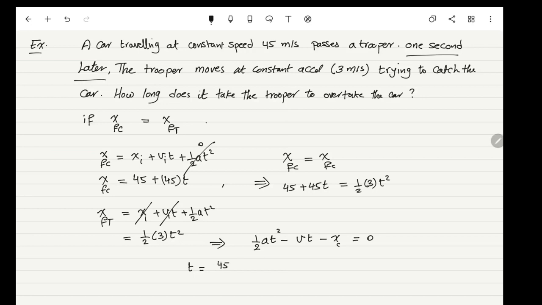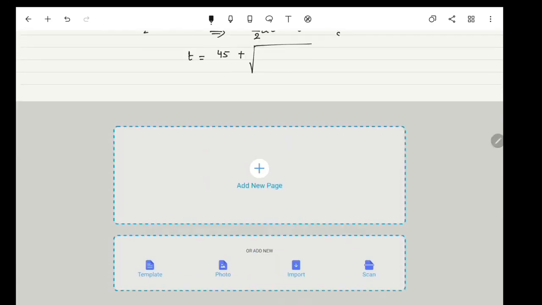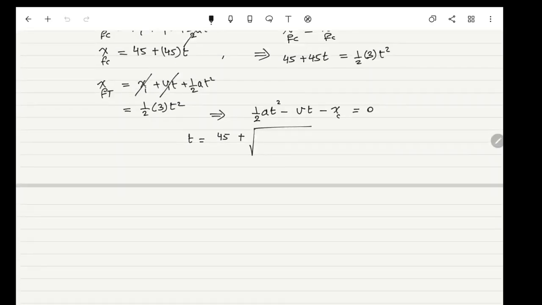You substitute and you will find t equal to 45 plus the square root of ... divided by 3. So t equals 45 plus 2 times 45 divided by 3, divided by 3 in this case, and we just simplify this equation: t equals 31 seconds.